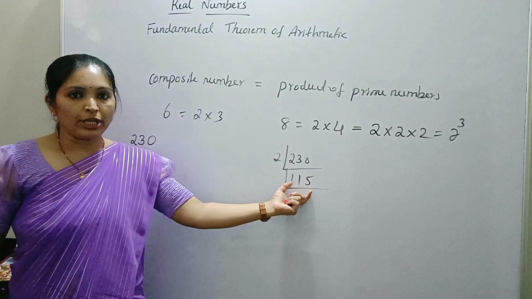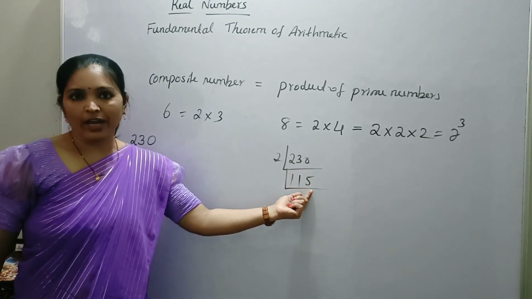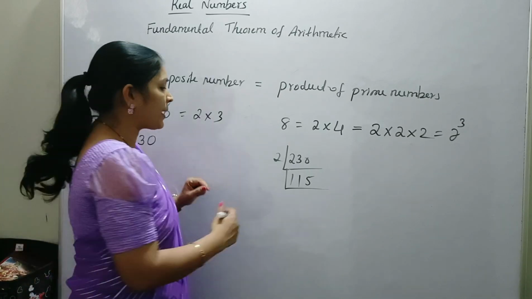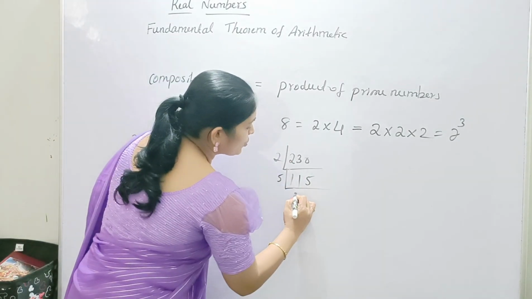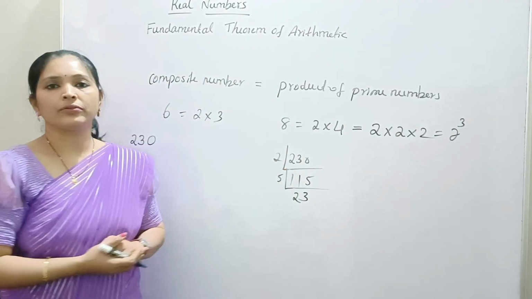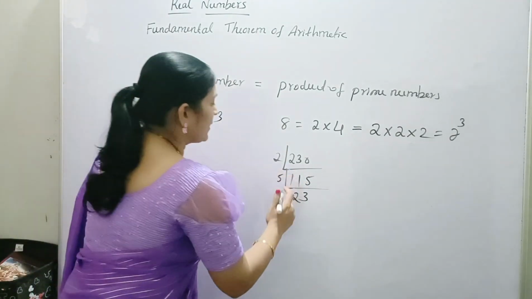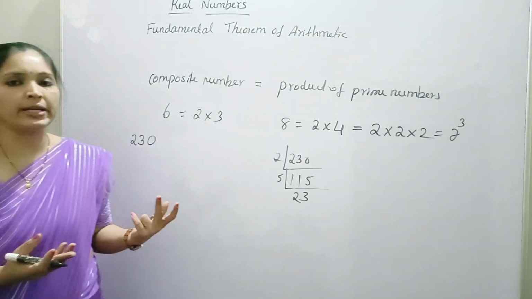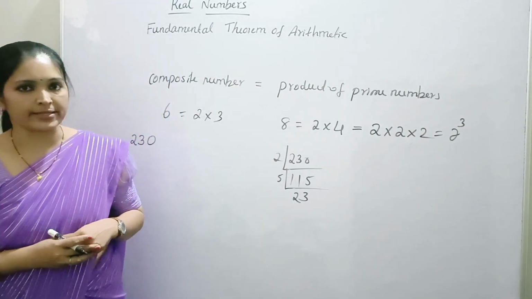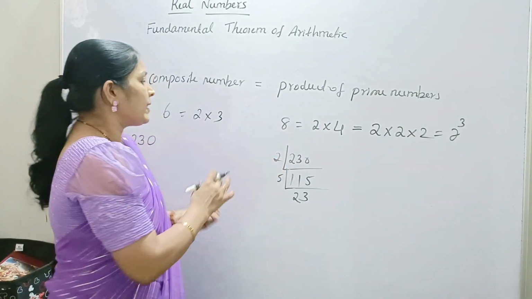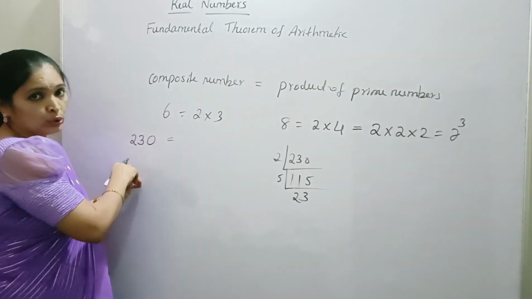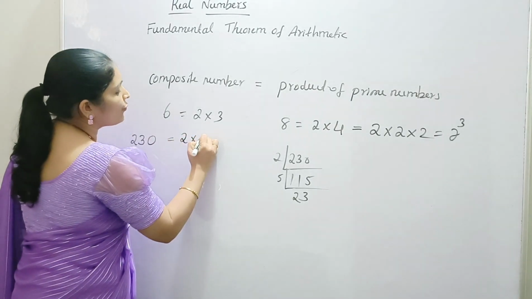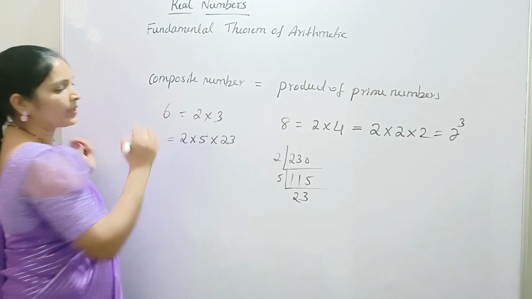Then after that, 23 is itself a prime number, because 23 has no factors other than 1 and itself. So this 230 is a composite number. This can be written as 2 into 5 into 23, that is a product of prime factors. So this composite number 230 can be expressed as a product of prime numbers 2, 5, 23, that is 2 into 5 into 23.